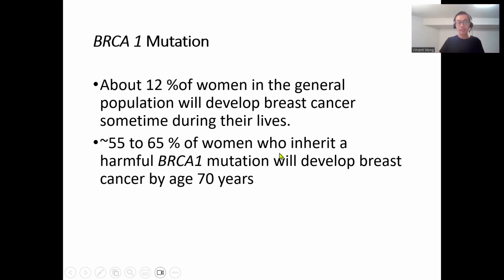But for women who inherited one non-functional BRCA1 gene, where one of the red lights is already not working, the chance of getting breast cancer by 70 years of age is very, very high, 55 to 65%, because there is no backup anymore. It only takes one additional hit, one additional mutation, to cause the cell to become cancerous.